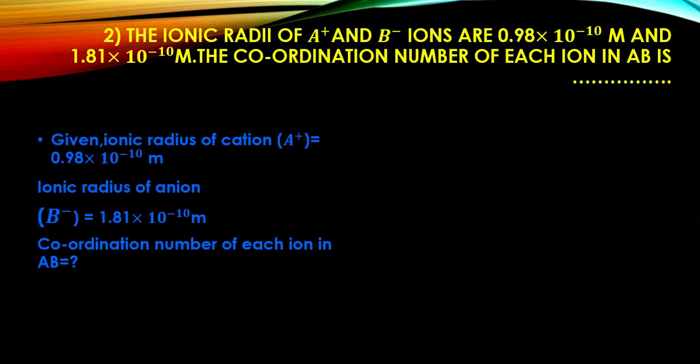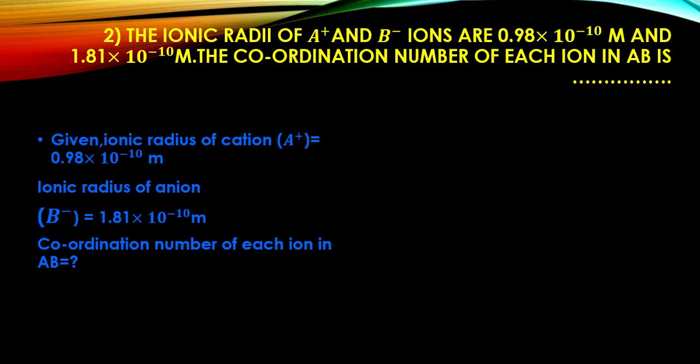Next question. The ionic radii of A plus and B minus ions are 0.98 into 10 to the power minus 10 meter and 1.81 into 10 to the power minus 10 meter. The coordination number of each ion in AB is?